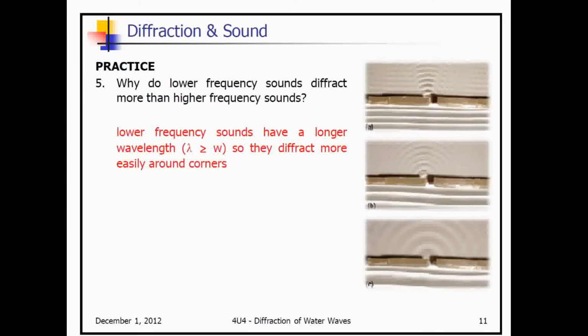Now a lower frequency sound has a longer wavelength, and that would make our lambda over w tend to be larger than when our lambda is a smaller number. So higher frequency sounds don't diffract as well as lower frequency sounds, because lower frequency sounds have that larger wavelength.